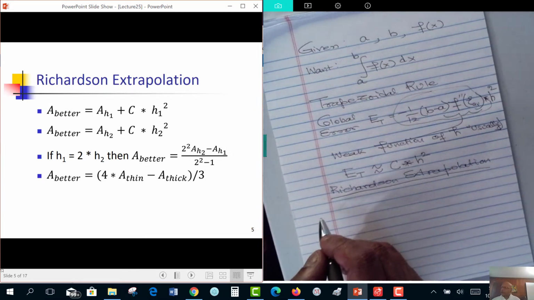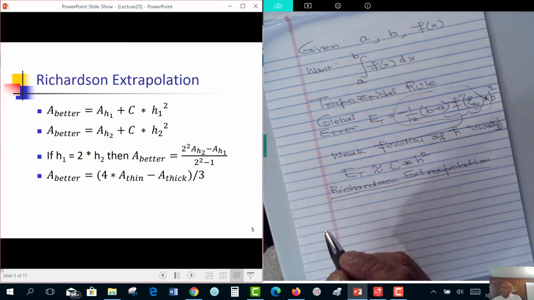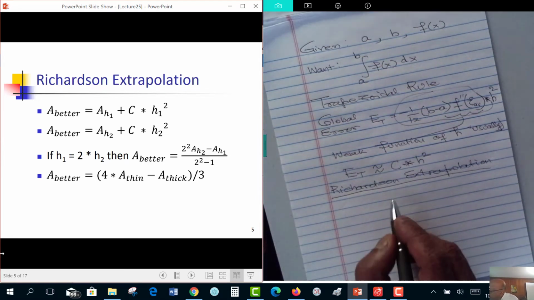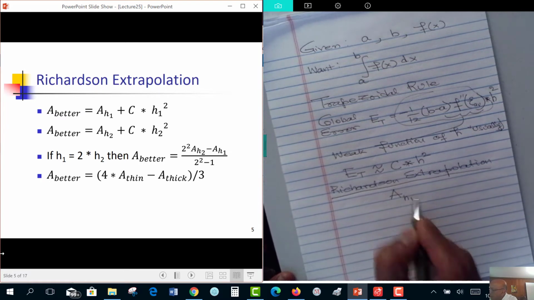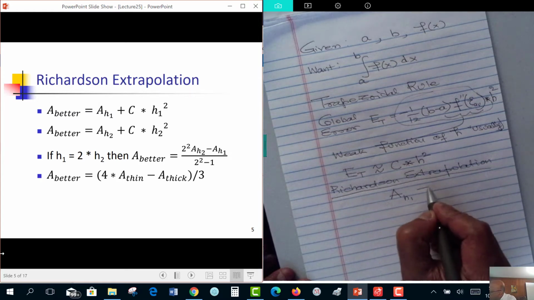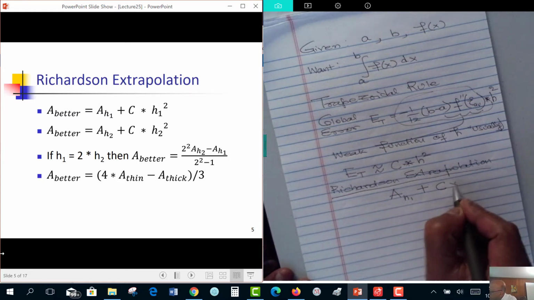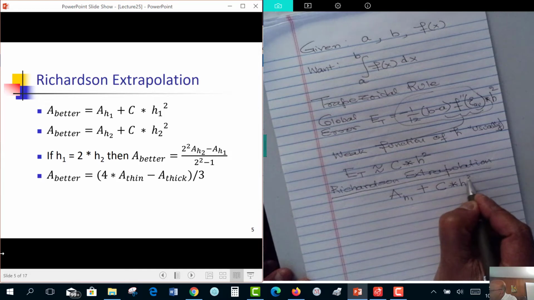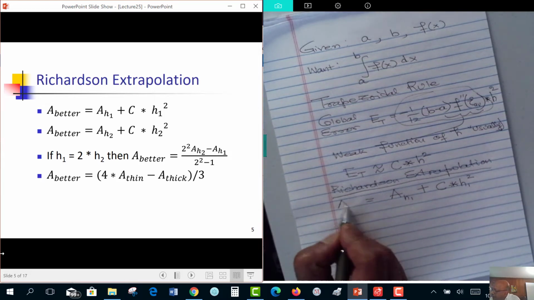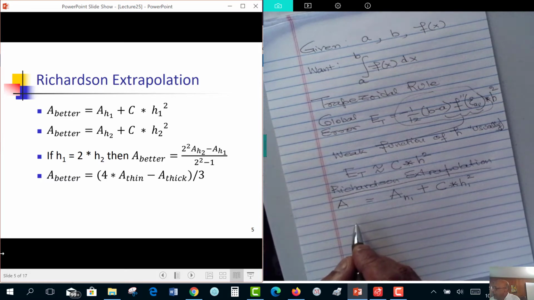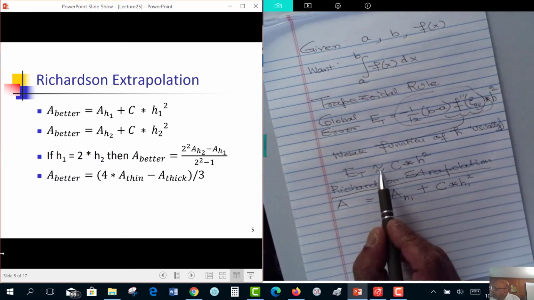In Richardson extrapolation, we estimate the area or the integral using a strip size h1. Obviously this estimate will have an error c times h1 square. If we add that error, we will get our true value. Now we made an approximation here.